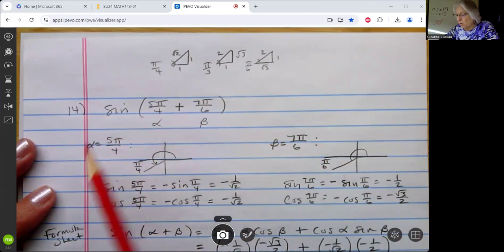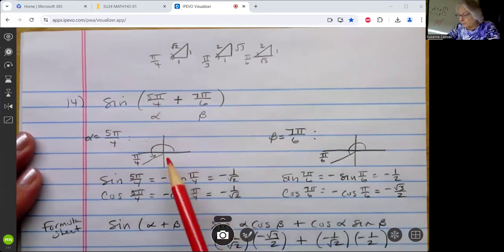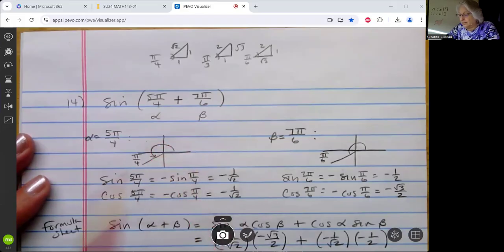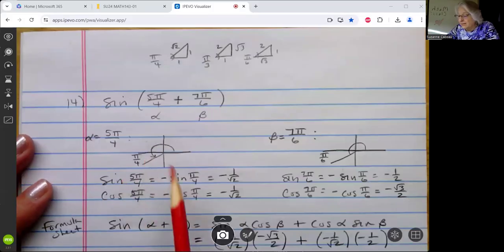5 pi over 4, that's like 1 1/4. So I go around, it's 1 pi and then 1/4 of pi. And sine, all students take calculus. So sine is negative in quadrant 3. So this is equivalent to a negative sine pi over 4.